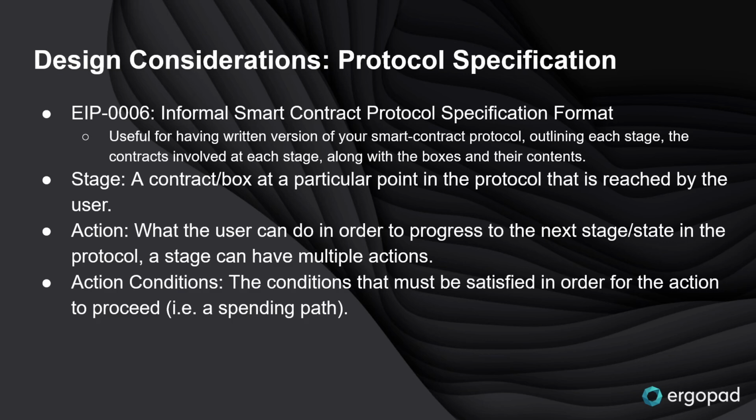An action is what the user can do in order to progress to the next stage, and a stage can have multiple of these actions. And then action conditions are the conditions that must be satisfied in order for the action to proceed. So the different possible spending paths depend on what your propositions are that you wrote in your Ergo script.